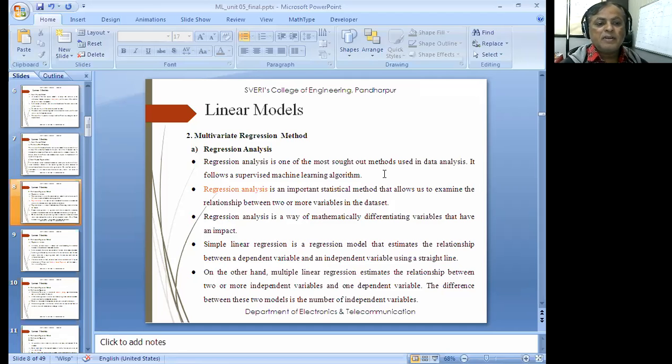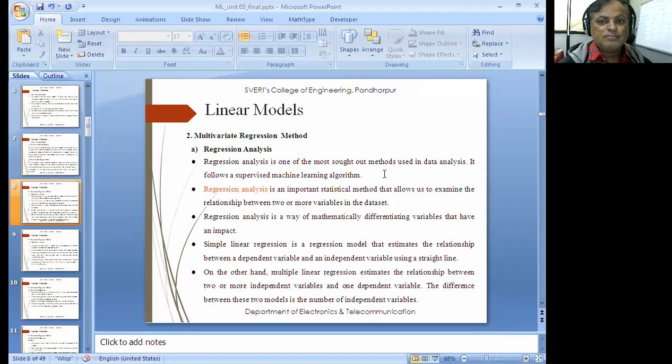सो सिंपल लीनियर रिग्रेशन कैसा है? It is that model which actually helps you to estimate the relationship between dependent and independent variables, obviously using the straight line that best fits. On the other hand, we have multiple linear regression. So that actually helps you to estimate the relationship between dependent and independent variables. But what?